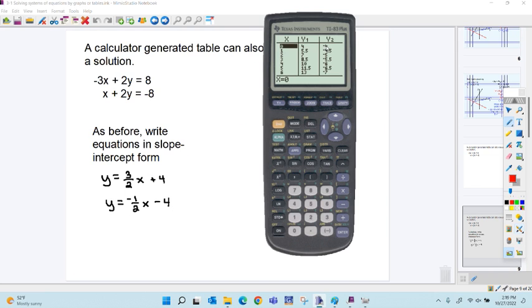The idea is to not have to do this, but to be able to see what you would get. If you plugged in 1, you would get 5.5. If you plugged in 2, you would get 7. So instead of plugging in all those values, it's giving you a list of the ordered pairs that you would get.